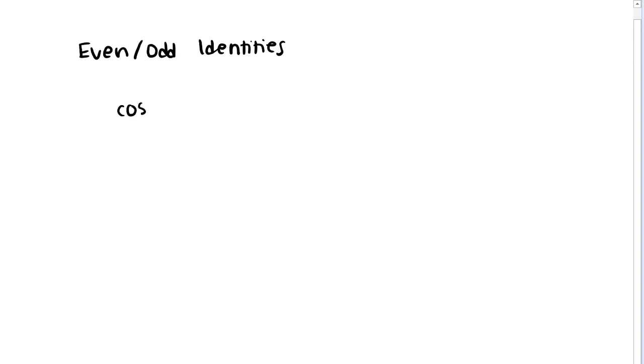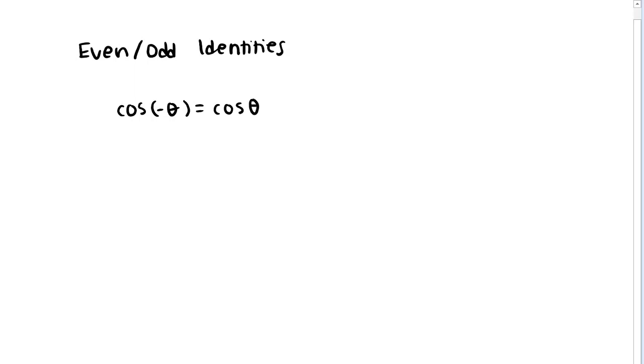Another set of identities that we've talked about are the even and odd identities. One example is the fact that cosine of negative theta is equal to cosine of theta.